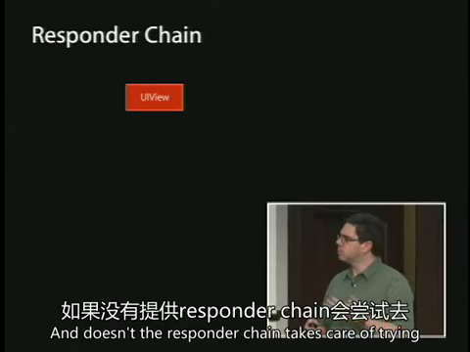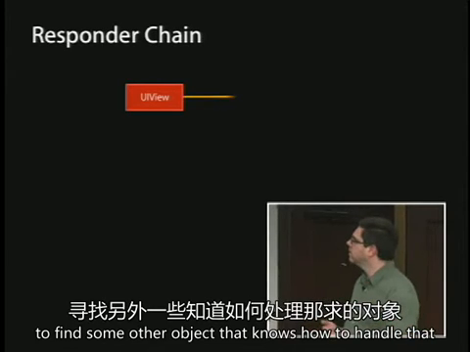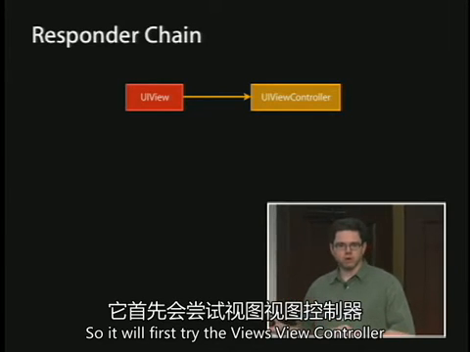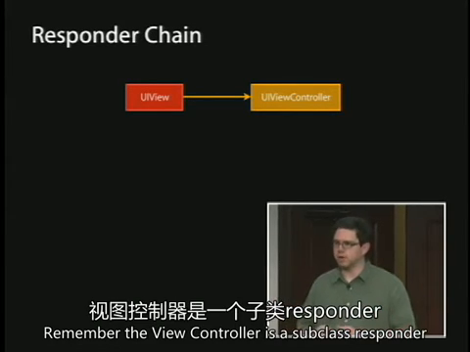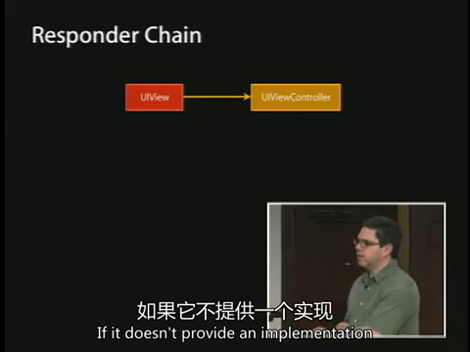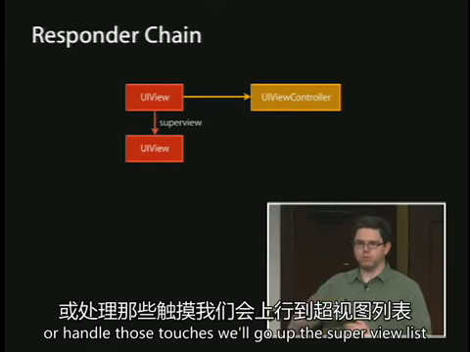And if it doesn't, the responder chain takes care of trying to find some other object that knows how to handle that. So it'll first try the view's view controller. Remember, the view controller is a subclass of responder, so it can handle touches. If it doesn't provide an implementation or handle those touches, we'll go up the superview list.